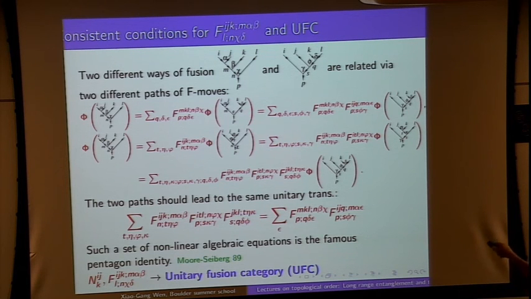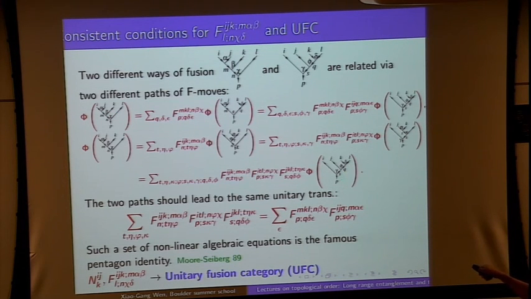But then there are two different fusion paths to go. Each graph describes a way of fusion, so each graph represents a particular way we split the degenerate ground states. This graph represents one way to split them, and this graph represents another way.